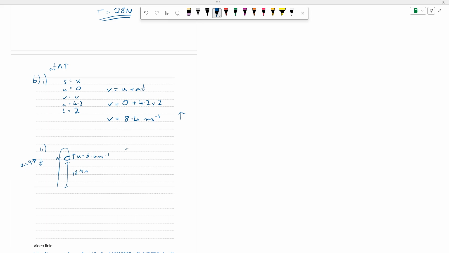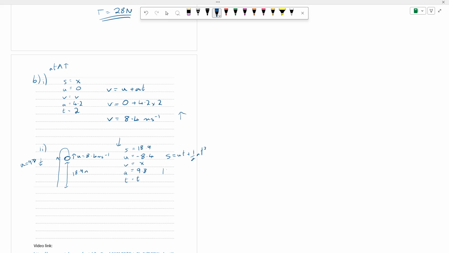Okay, so again, I'm going to use some suvat. I want time. Now I'm going to take downwards as positive here, because 9.8 is down and the distance is down. So s is 18.9. My u is going up originally, so it's minus 8.4. V I don't know, and I don't really want to know either. And a is 9.8. So the equation is s equals ut plus a half at squared.